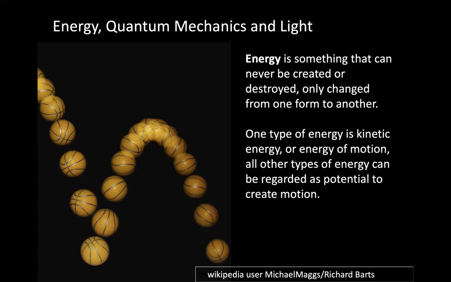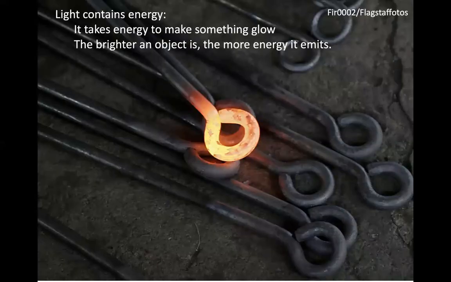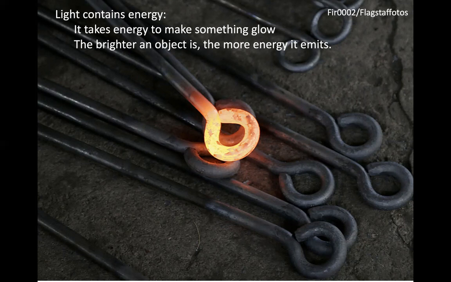Light is one of those forms of energy, which you can see right here. This thing is glowing because there are objects inside this thing, subatomic particles, electrons, and atoms, moving around. Those moving around objects carry energy, and some of that energy can be turned into light.